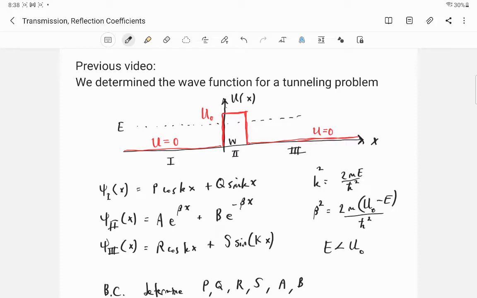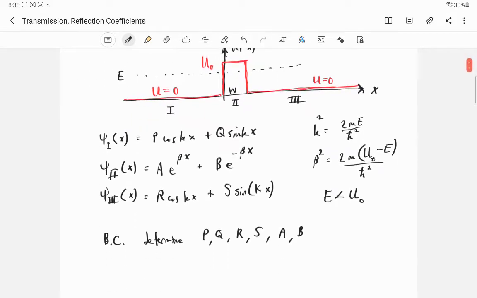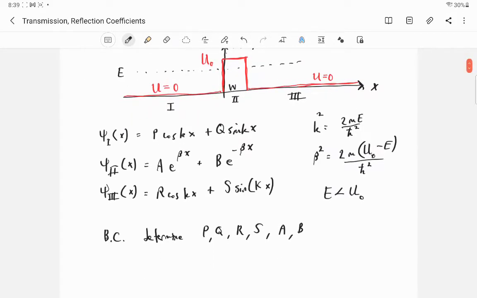But quantum mechanically, we get a mixture of a probability to transmit and one minus that probability to reflect. It's either going to transmit or reflect. There are no other options.